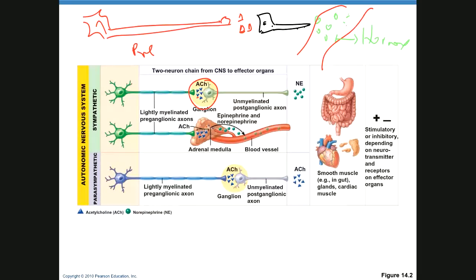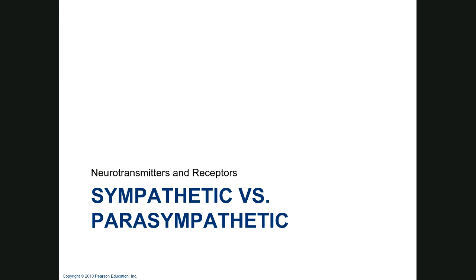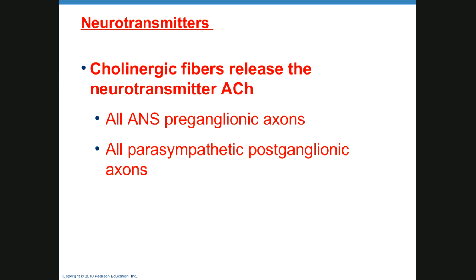Okay, good. So what we're going to look at now is the neurotransmitters and their receptors. Again, both sympathetic and parasympathetic presynaptic neurons release the same kind of neurotransmitter, which is acetylcholine.